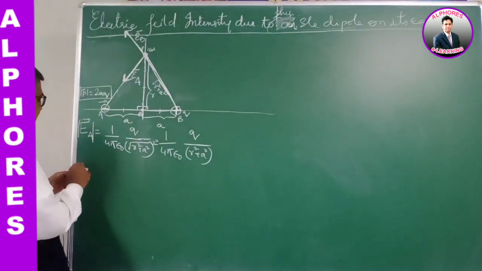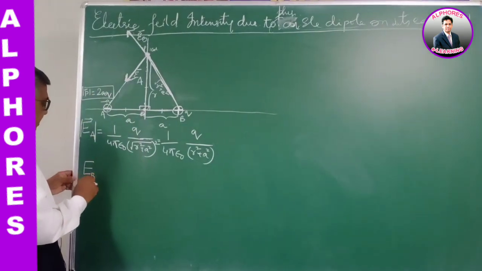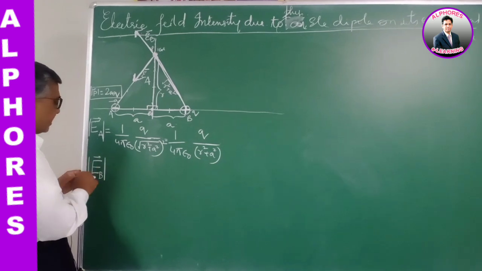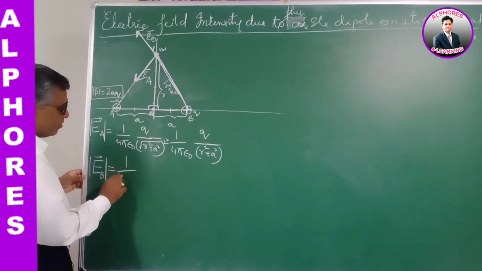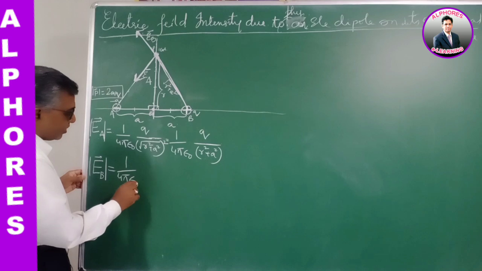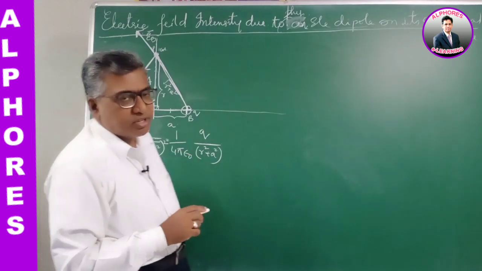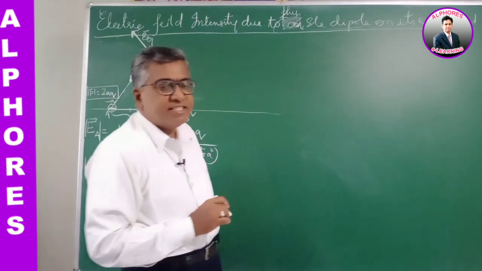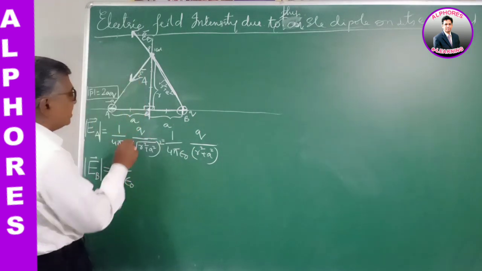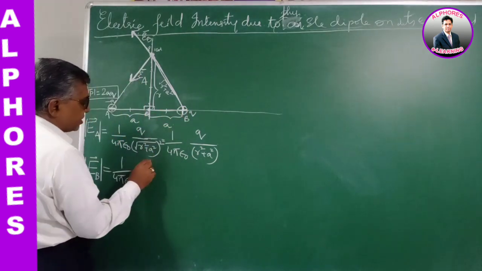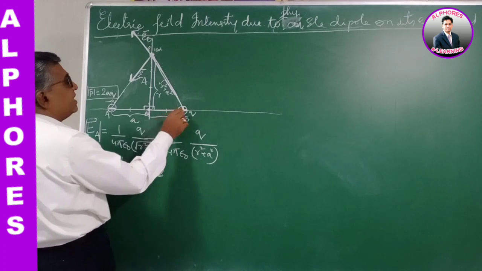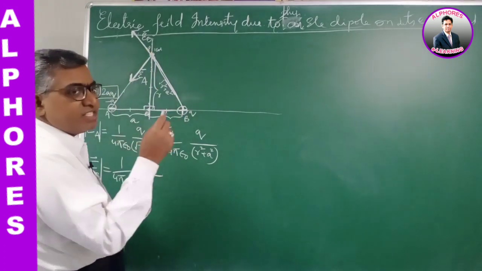So the electric field strength due to the charge at B, EB, magnitude is 1 by 4 pi epsilon naught. We know the formula for the electric field intensity due to an isolated point charge. It is the magnitude of the charge Q by the distance of the point of consideration, square.